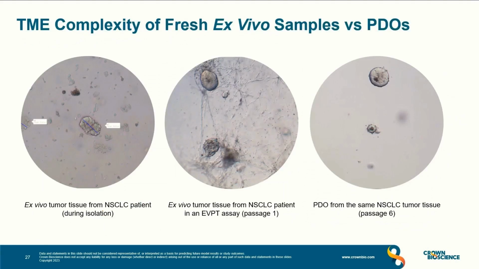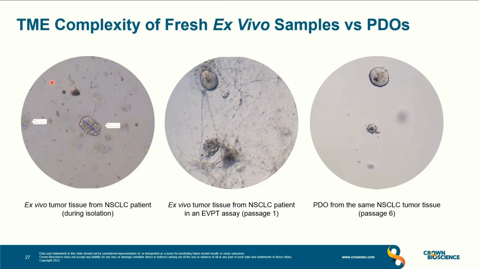As I'm reaching the end of this talk, I would like to show you these images from our research highlighting the differences between fresh ex vivo cultures and patient-derived organoids. On the left, you can see an image of a suspension generated during our tissue processing protocol.